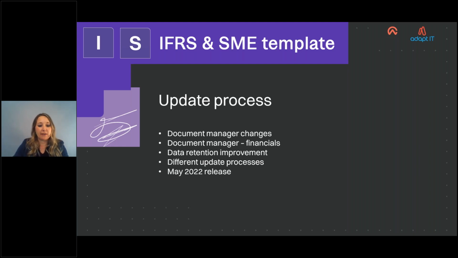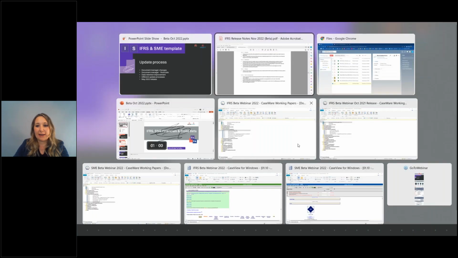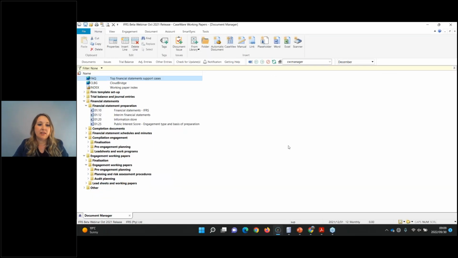So if we quickly look at a file, I can just show you some of the changes. Firstly, if we look at an old file, this is our October 2021 file, you'll see the document manager, we have these documents here, and then we have our other folder here, and under the lead sheets, we also had a tax folder, which had some of our tax documents in it.